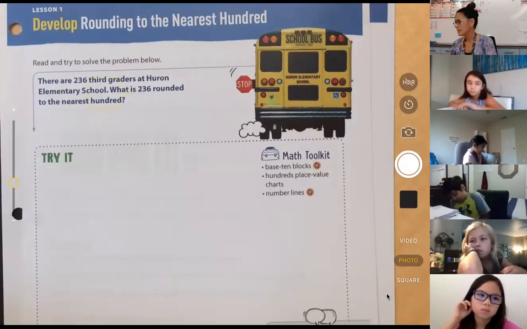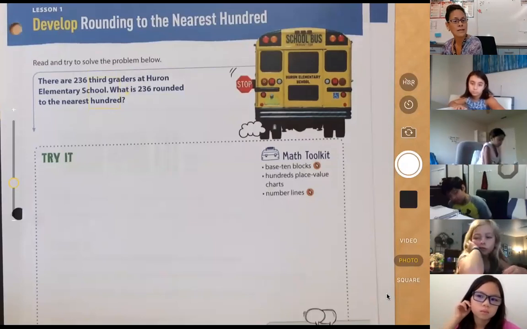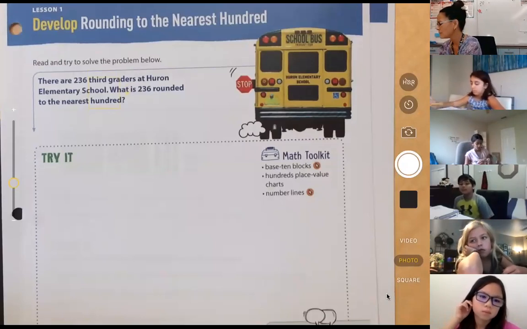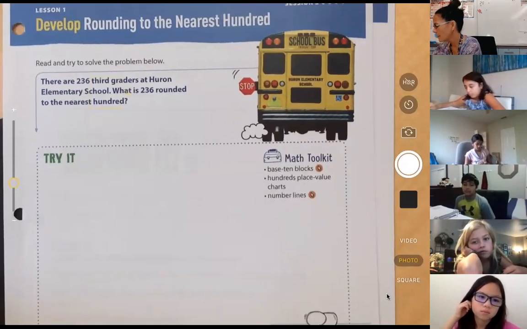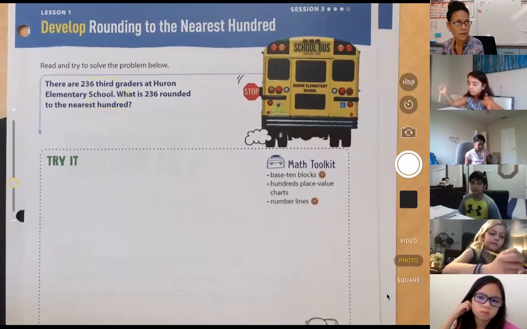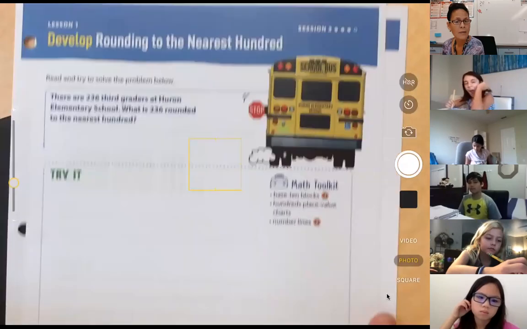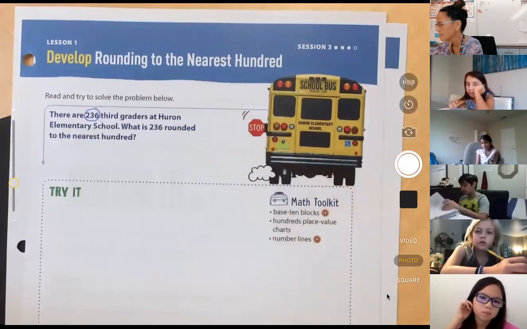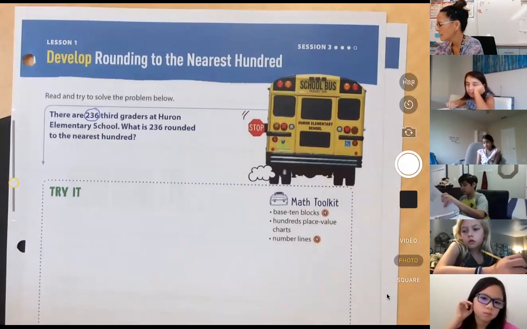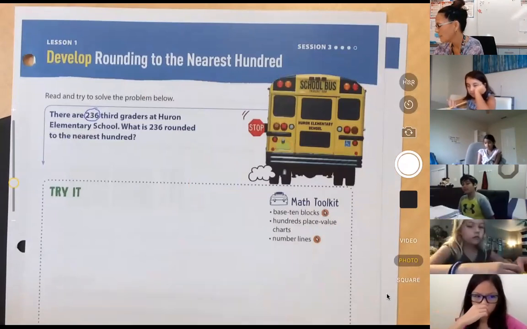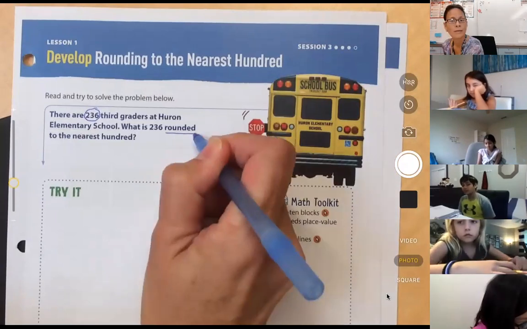So if we go back to our CUBES strategy, and again, that pictorial is on my website, CUBES is an acronym, C-U-B-E-S. I want to circle the important number right there, 236. That is the number that I am going to be working with right now. I'm also seeing that the question is asking me to round, and it's asking me to round to the nearest 100. And I'm actually going to box 100 to help my brain.